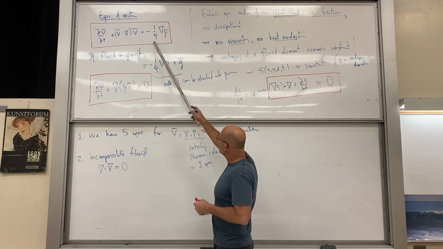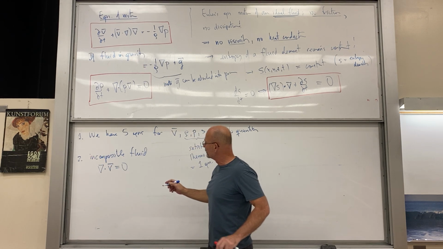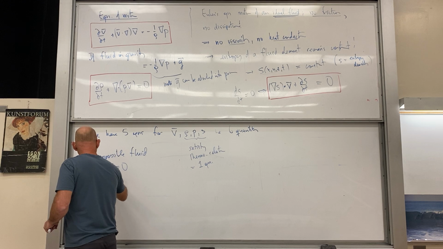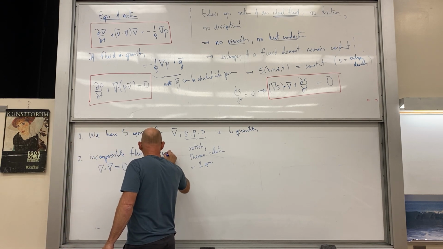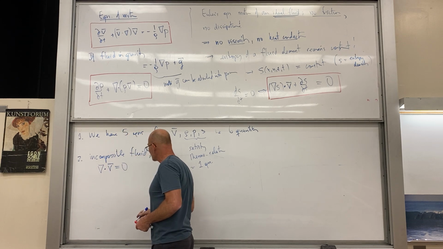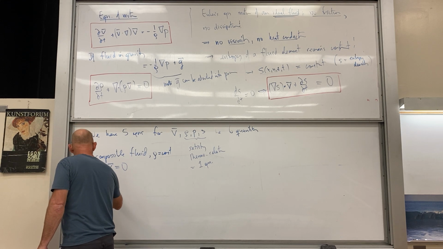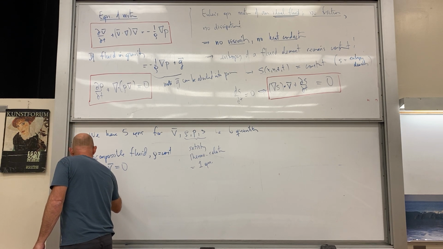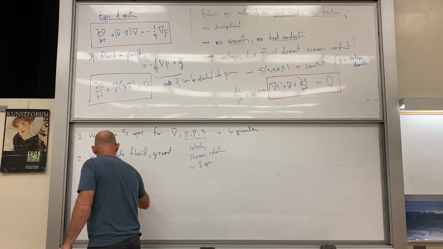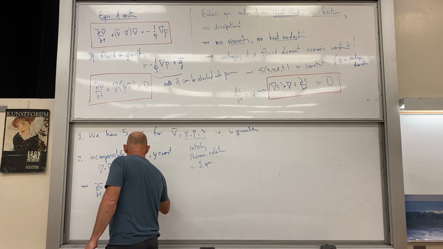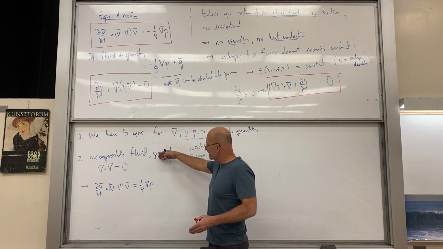And since rho is constant, it's 4 equations for the 4 quantities. So for the incompressible fluid, rho equals constant, divergence of V is equal to 0, and we have the Euler equation, V dot grad V equals minus 1 over rho gradient P. So it's these 4 equations for these 4 unknowns.